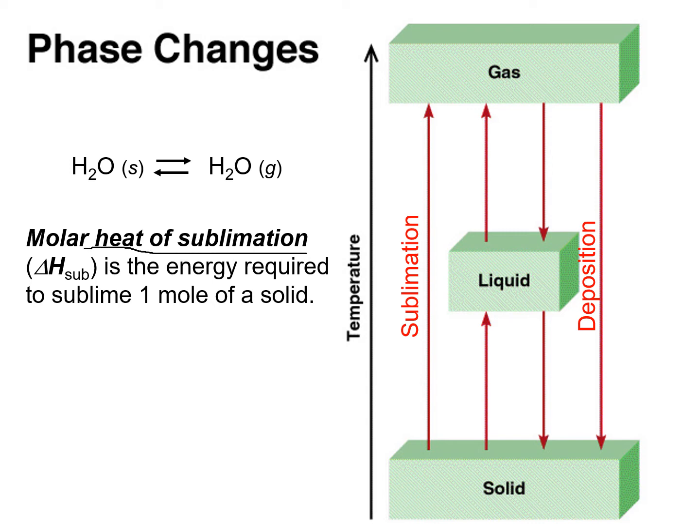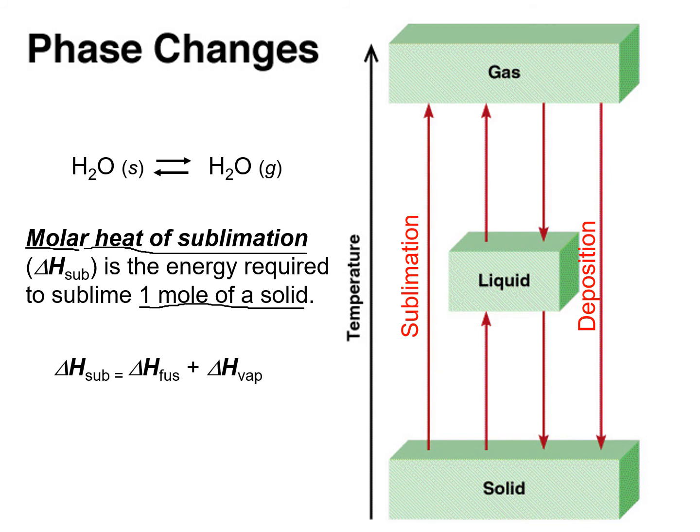So remember, we have a delta H of fusion. We have a delta H of vaporization. So there's also a delta H associated with the sublimation process. However, molar implies a mole is involved here, and so this is the energy required to sublime 1 mole of a solid.